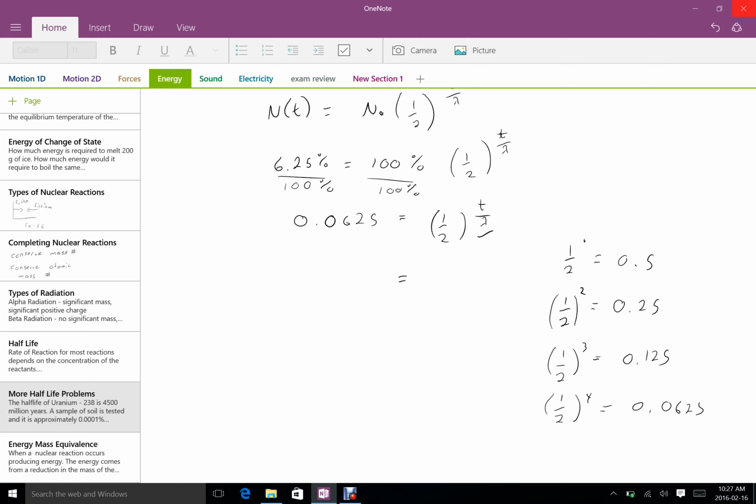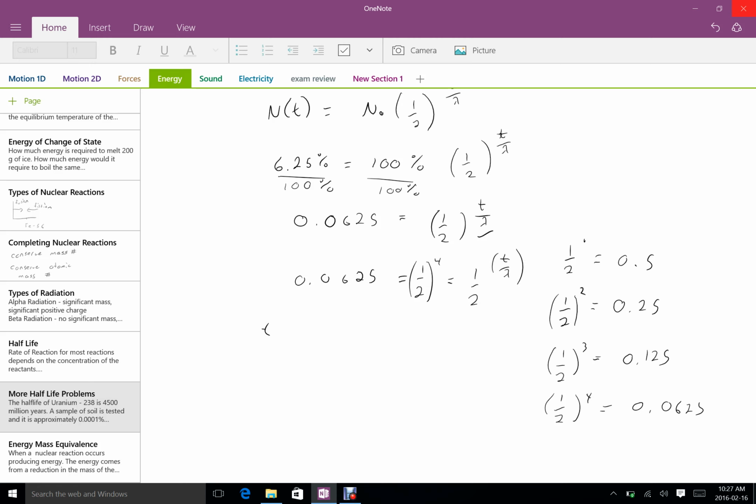I can do this on my calculator easily by going 0.5 times 0.5 and just keep hitting equals, or just keep multiplying by 0.5 until I get to the desired answer. But what I can see is 1/2 to the 4 is equal to 0.0625, and that is equal to 1/2 to the t over half-life.